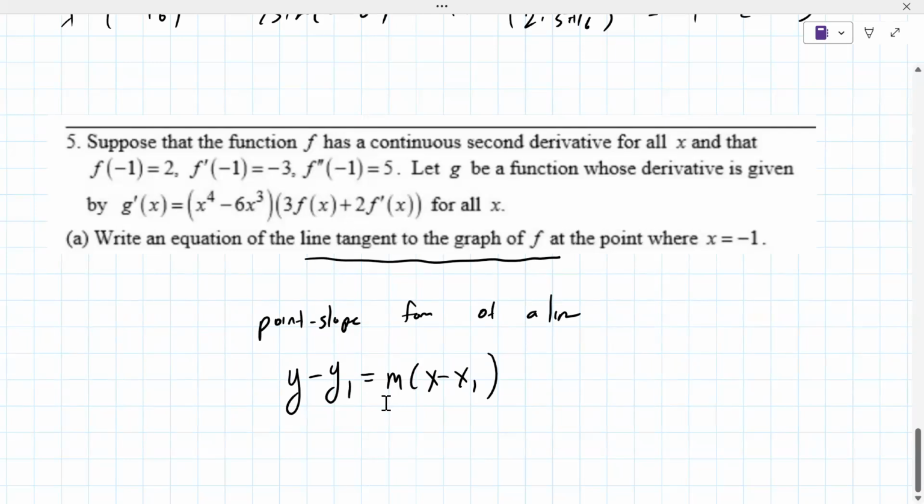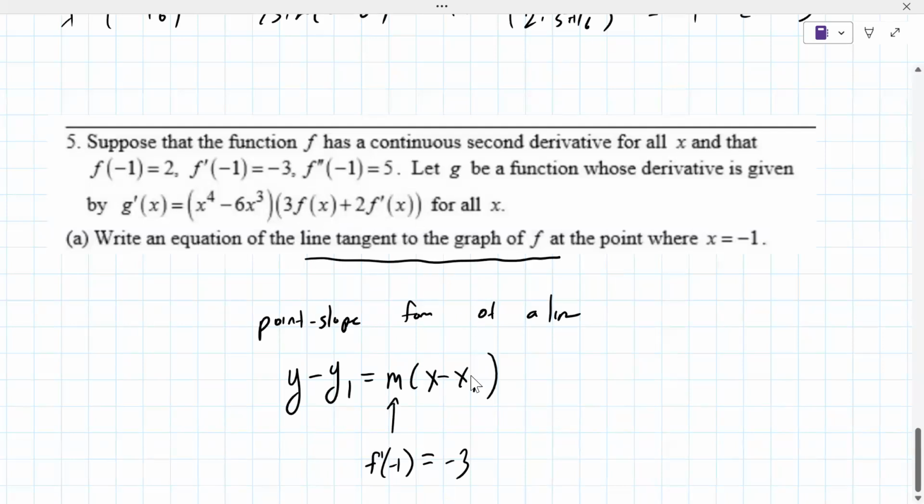What does m represent? The slope. Do you have the slope when x equals 1 of f? Yes. What is it? Negative 3. Yes. So that actually has nothing to do with this mess down here.